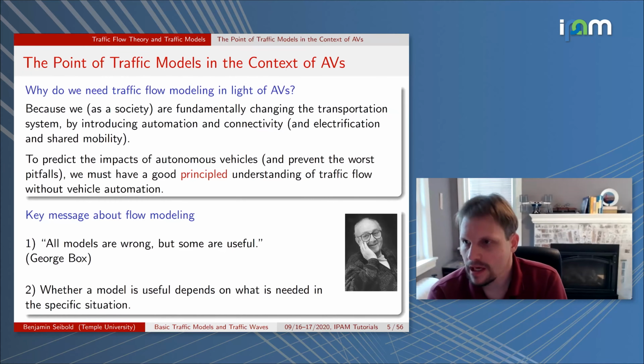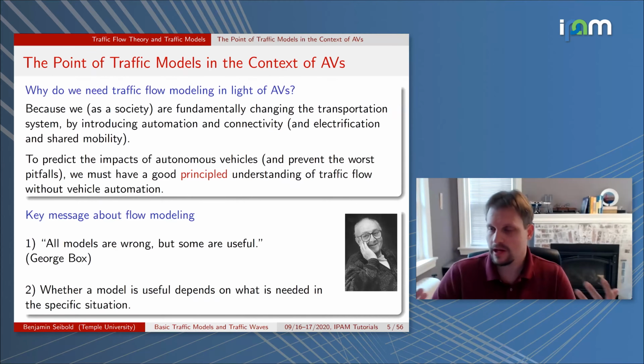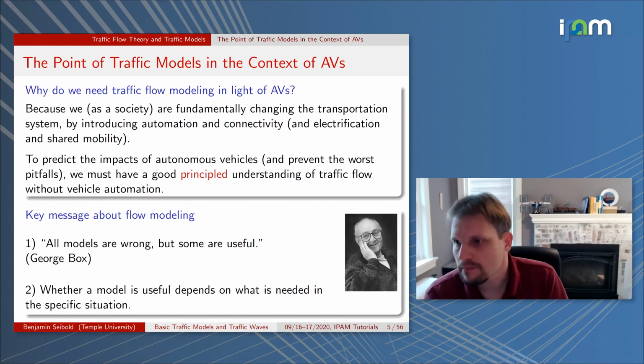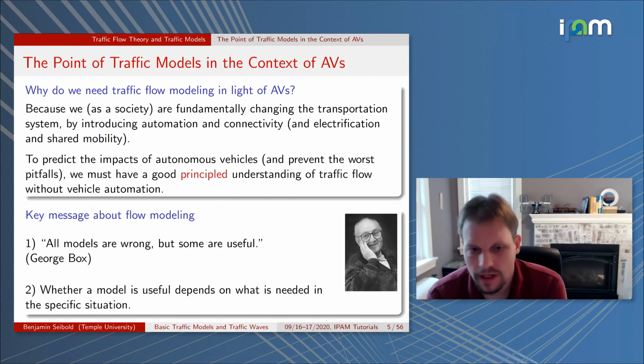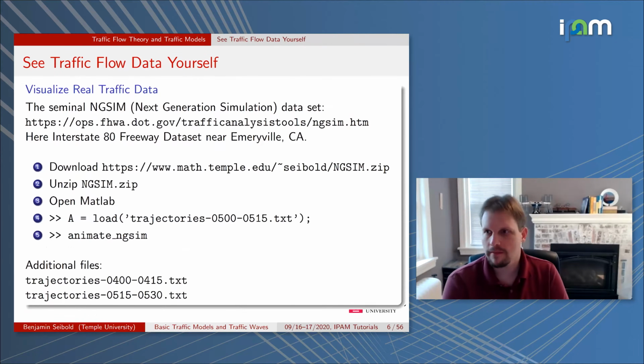On the other hand, if you don't care about precise trajectories, but just the large scale evolution, then such a model might actually be perfectly suitable and superior to one that tracks the detailed trajectories of all the vehicles. Okay, so the answer is also: it depends. All right, so these are the fundamental things.